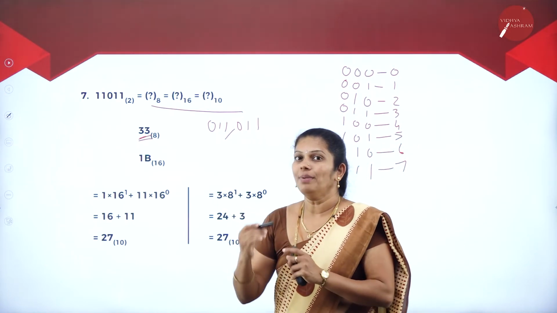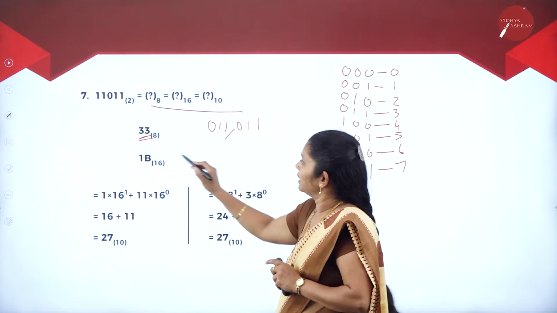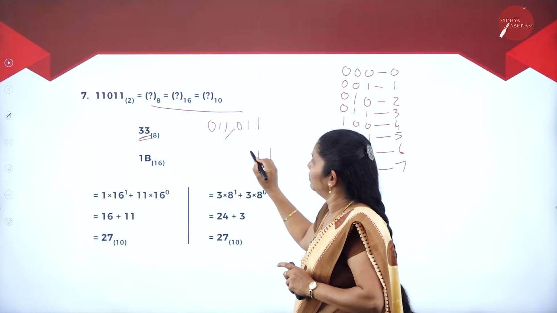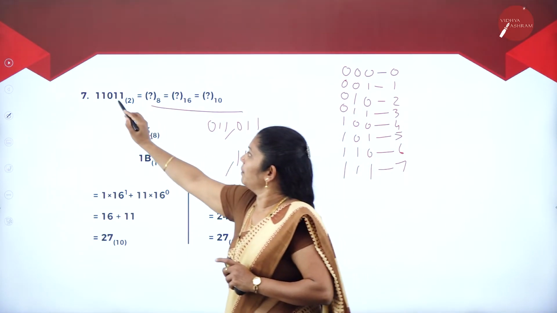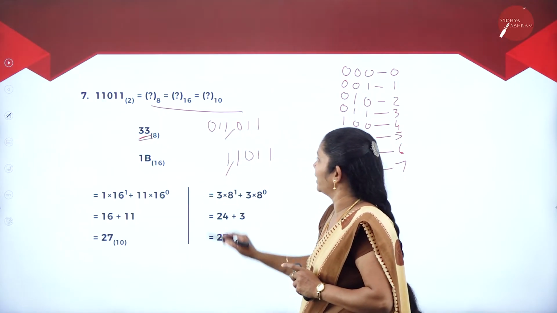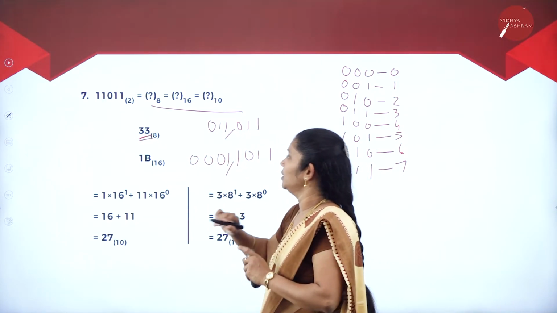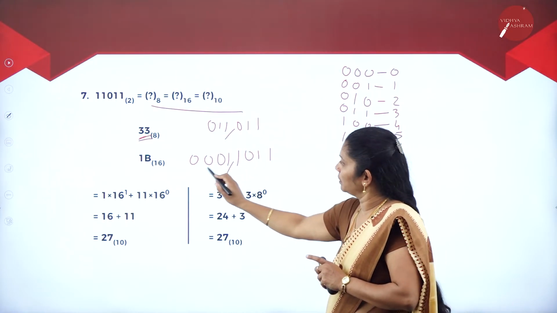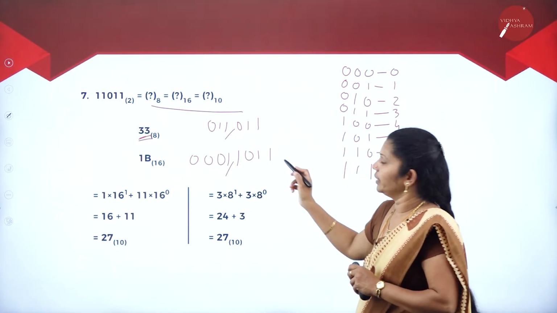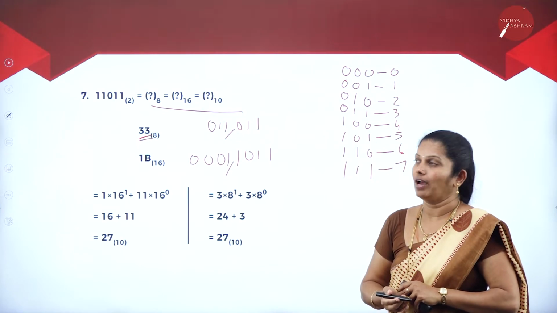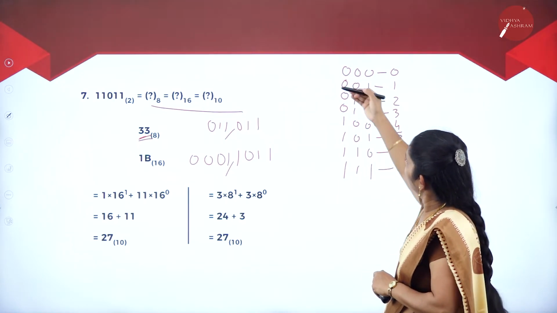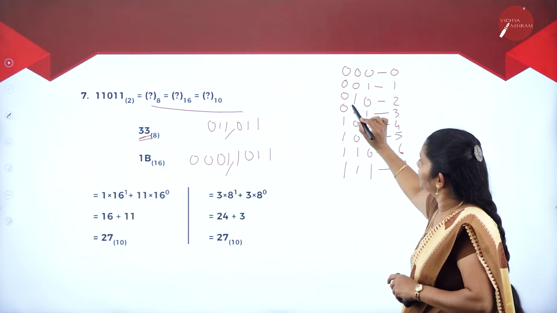Then if I make 4-bit separations, for example 1101, 1101, then only 1 we are getting, so write 4 zeros to make 4 bits: 0001, 1011. How to identify their value now? For 3 bits, we wrote 4 times 0, 4 times 1.